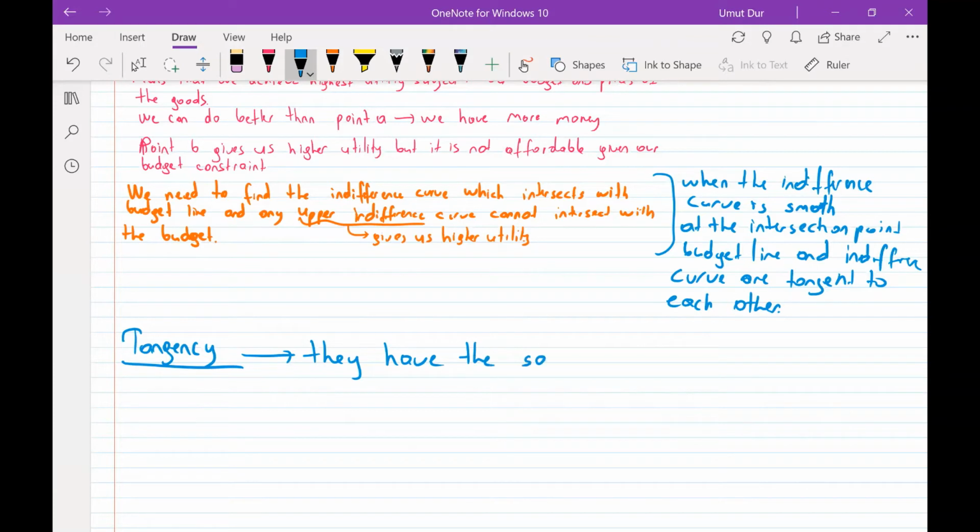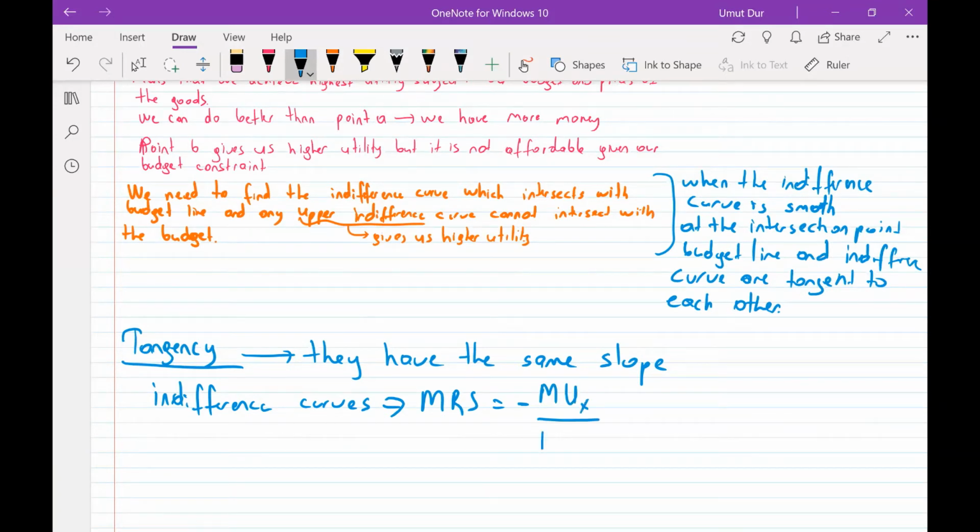the same slope. If you remember, the slope of the indifference curves can be represented by MRS, which is minus the marginal utility of good x divided by the marginal utility of good y.